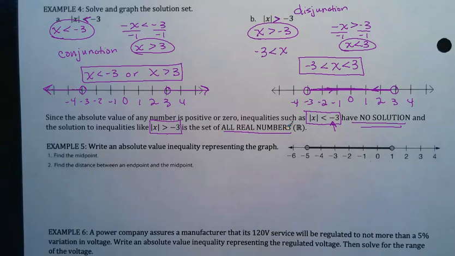Because to write this absolute value equality, it really is going to look like the endpoint minus the midpoint inside that absolute value, and that's going to equal d, your distance. Okay, but we need to know the midpoint, and then we need to know the distance.